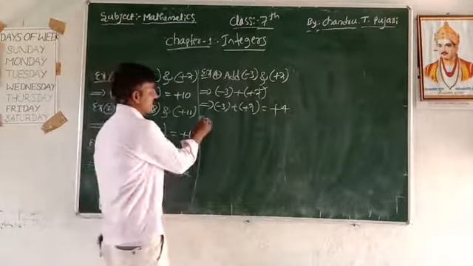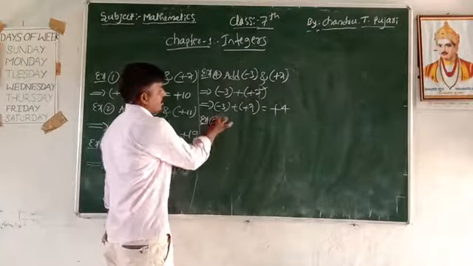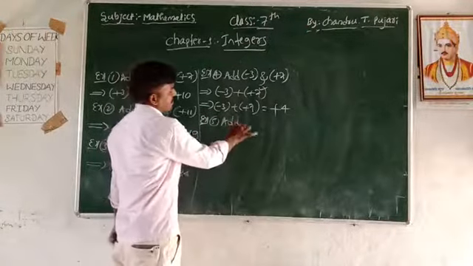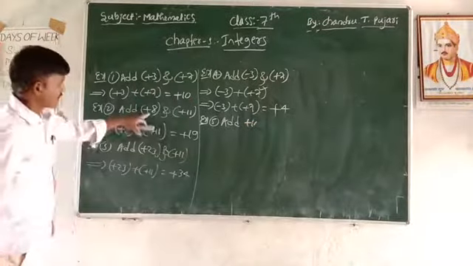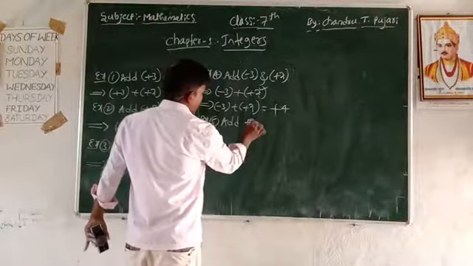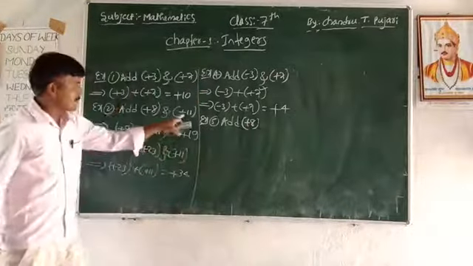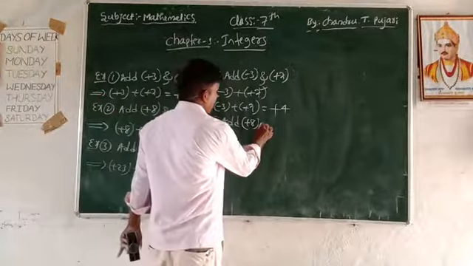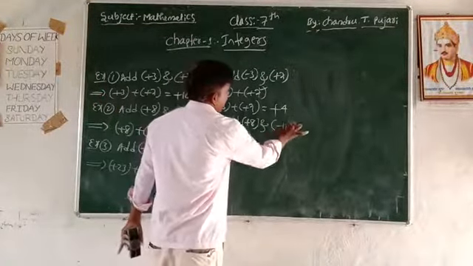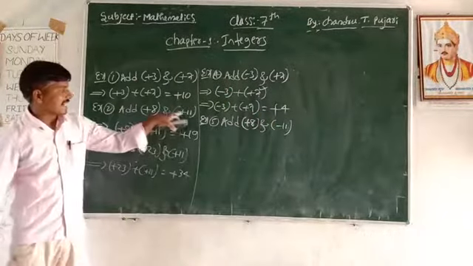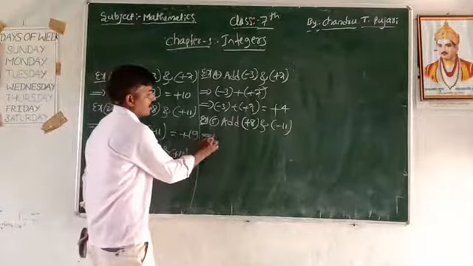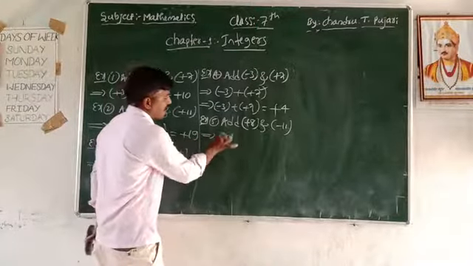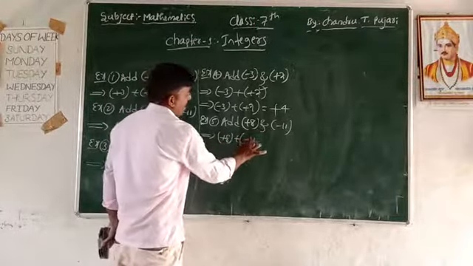Next, you can check yourself, example number 5. Add plus 8 and minus 11. I will change the sign again. Therefore, add plus 8 plus minus 11.